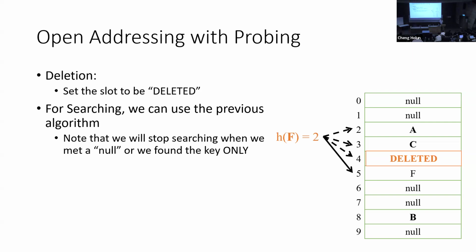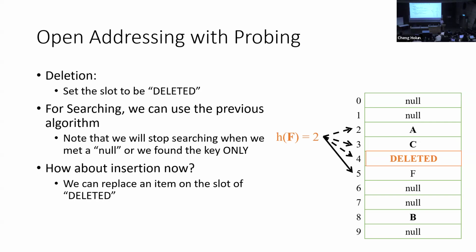So in the searching, if you meet an empty slot, you stop. If you meet F, you stop. But if you meet a deleted slot, too bad, please continue. Okay. So after this, if you want to insert something, yes, you can reuse the deleted slot.